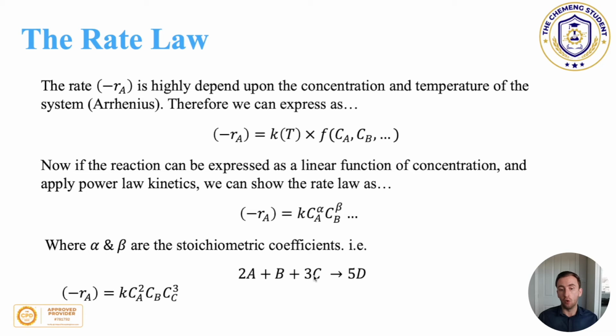The value of gamma, if you were to use this as an example, would be 3. So the overall order of the system would be 3 plus 1 plus 2, so this would be a 6th order overall reaction. But the reaction rate with respect to A is 2nd order, with B is 1st order, and C is 3rd order.